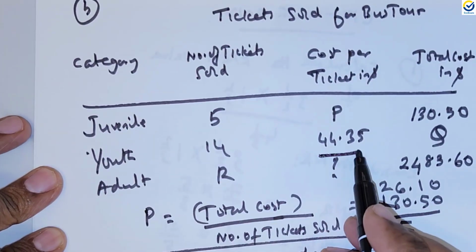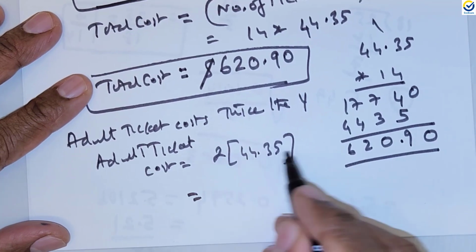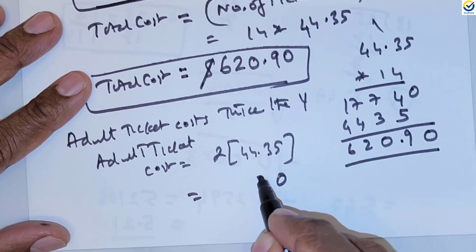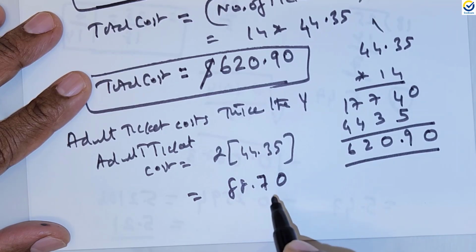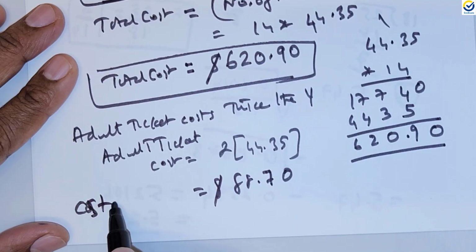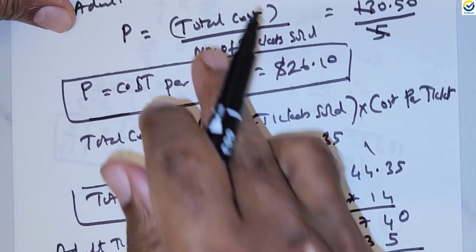This is actually the value given here. Okay, so you multiply this, what do you get? 5 times 2 is 10, 3 times 2 is 6, and this is going to be 7 and 8. So this is the cost of the adult ticket. Now we need to get the value of R.